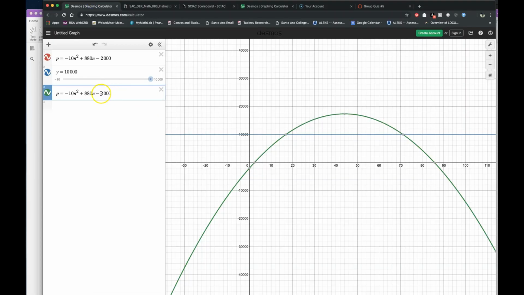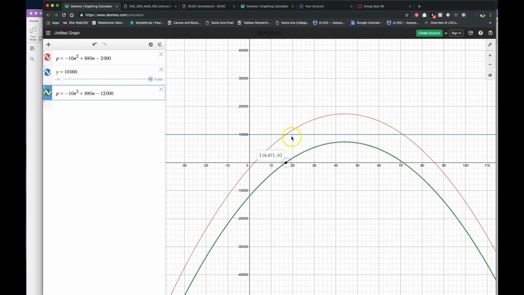And so the problem's a different problem. Now I'm setting that equal to 0, but notice they're the same numbers. So multiple ways to solve that, but you get the same answers if you look carefully there.